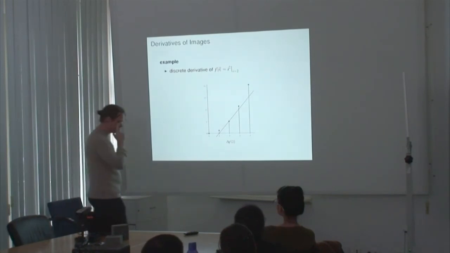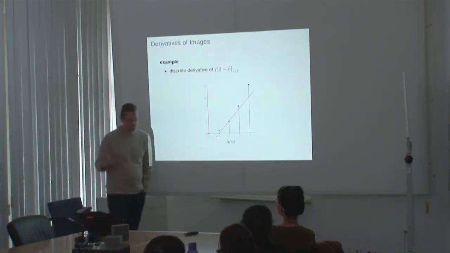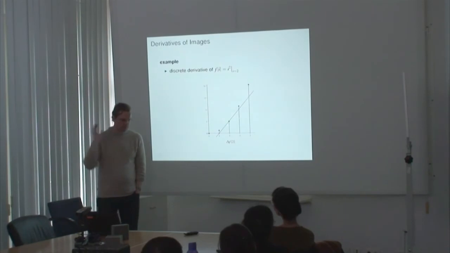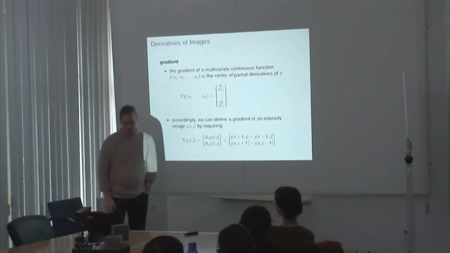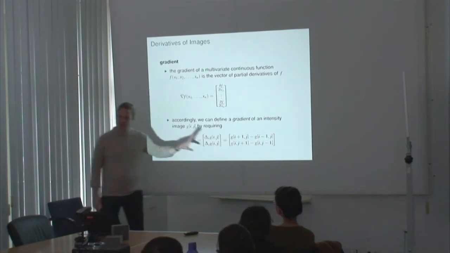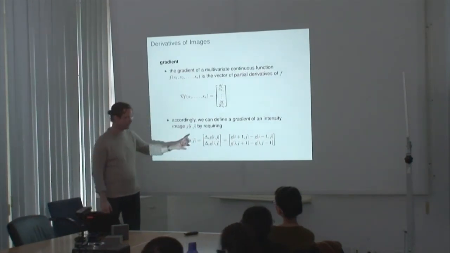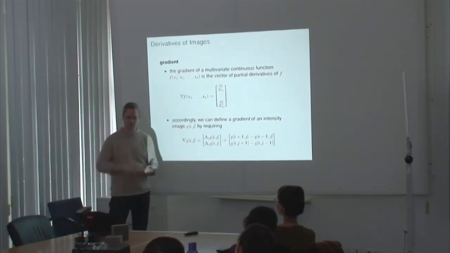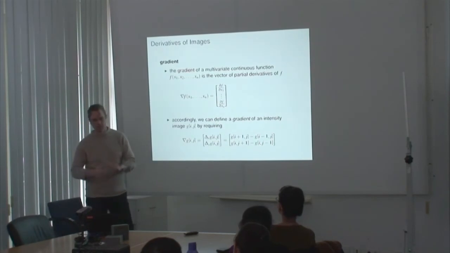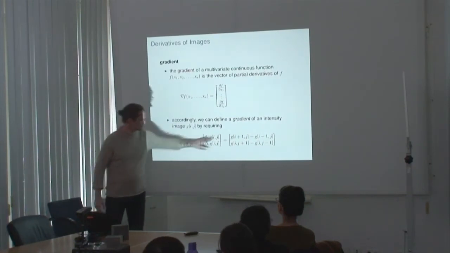But now that we're discussing this, there are many ways, and let's go back to the gradient. This is just one way as to how we can think of the gradient of a discrete function. And if you start reading books or whatever on image processing, you will find numerous different equations here.